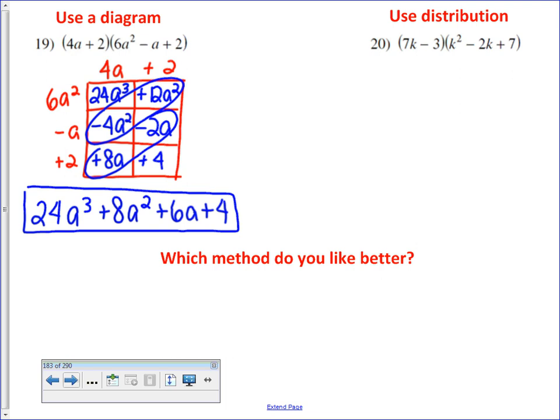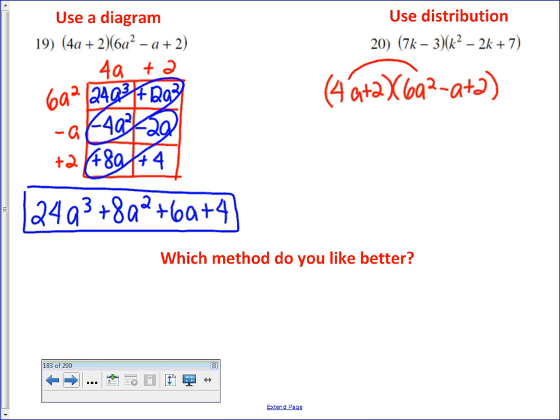Let us do the same exact problem now using distribution. 4a plus 2, and I'm multiplying it by 6a squared minus a plus 2. So I can't really use FOIL because FOIL only stands for when I have a binomial times a binomial, but the concept is the same. I'm going to multiply 4a by every term in that trinomial.